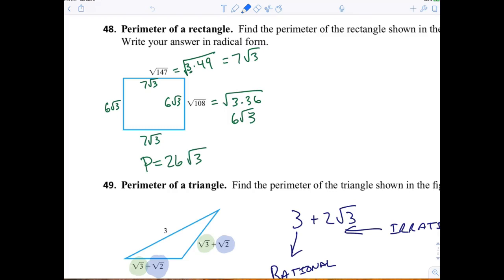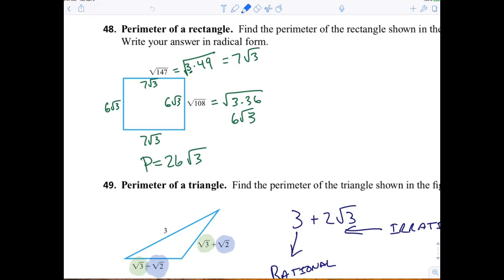This is what I was trying to tell you yesterday: if 3 is here, there's probably a 3 here. So I took 108 divided by 3, and it's 36. And that becomes a 6 radical 3. You see that? The perimeter is you add all the sides. One way you could do it is just say 6 plus 7 is 13 radical 3, and then multiply by 2.